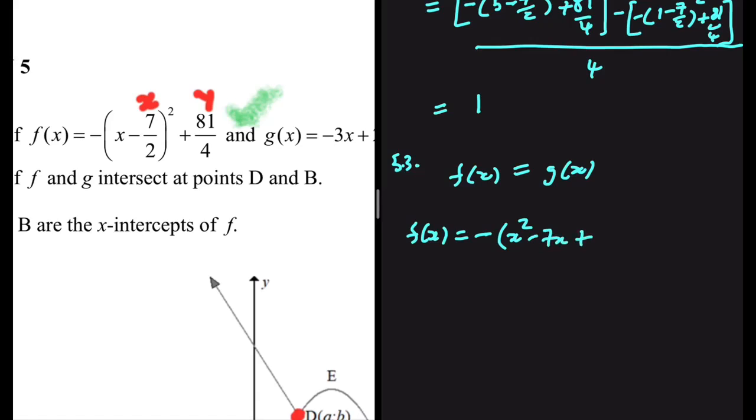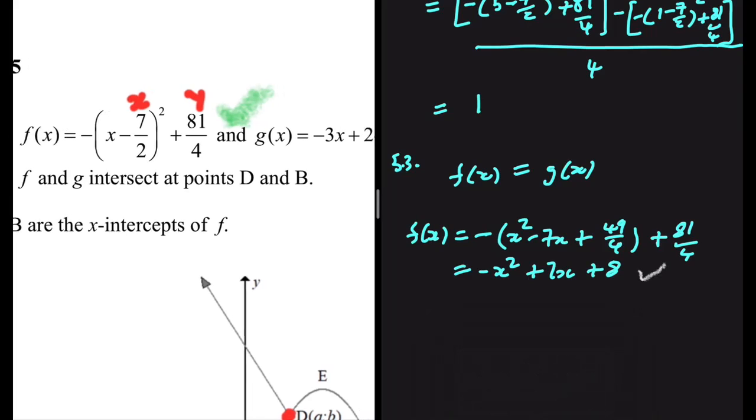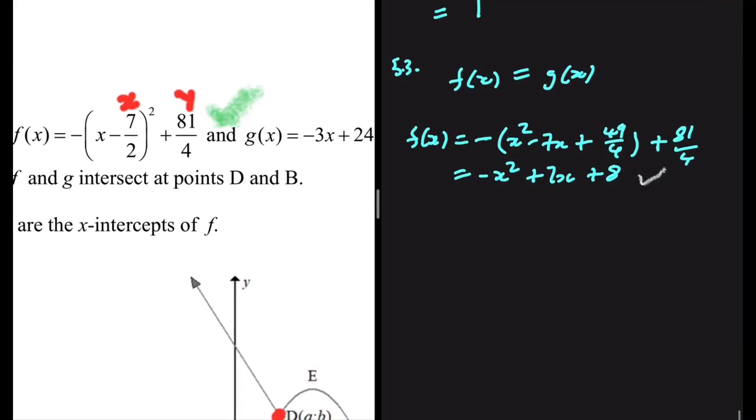And on the other hand, minus 7 divided by 2 squared will be just 49 divided by 4, plus 81 divided by 4. If we multiply out, we're going to get minus x squared plus 7x plus 8. So this is our f of x. Now we can go ahead and equate f of x and g of x.